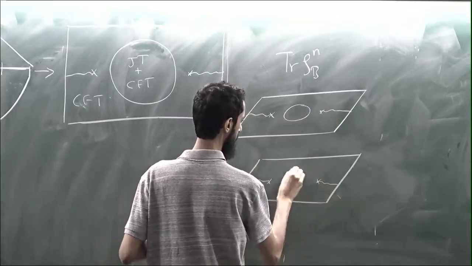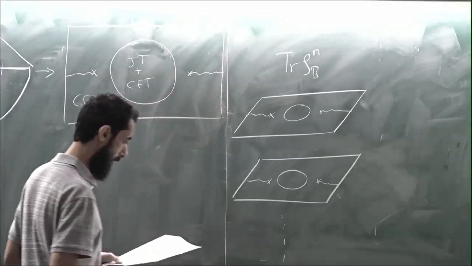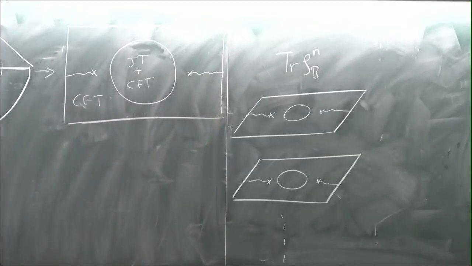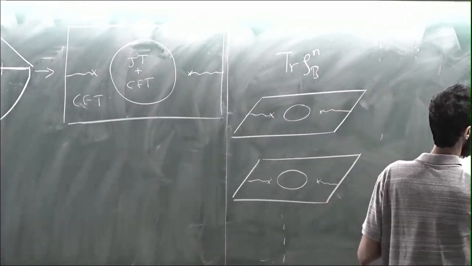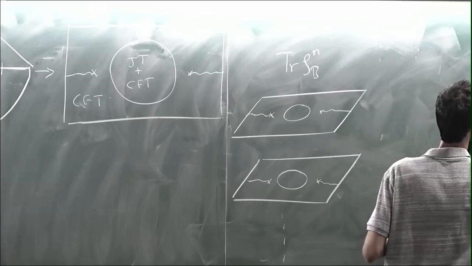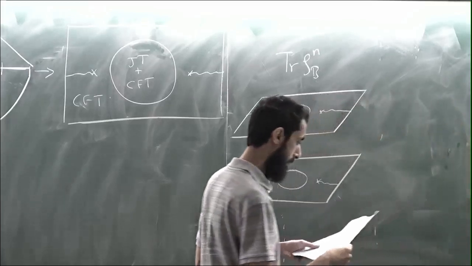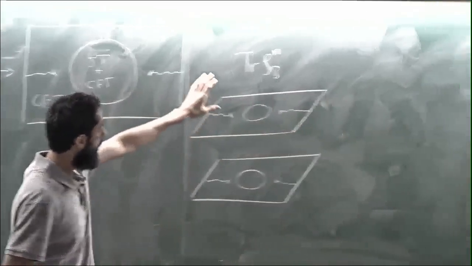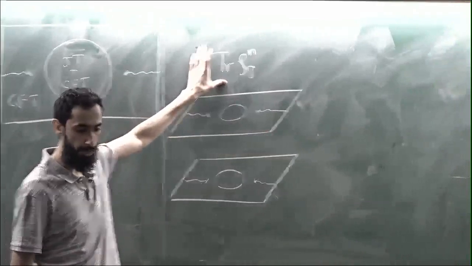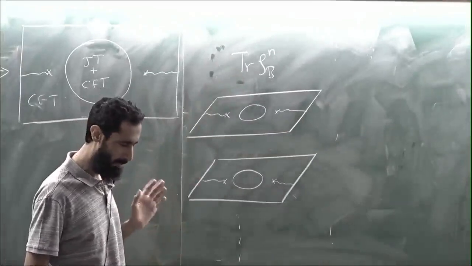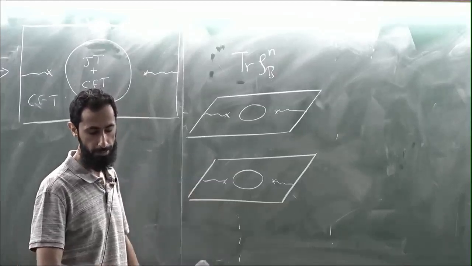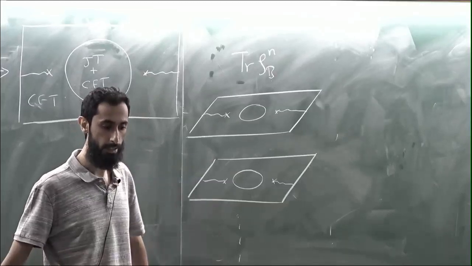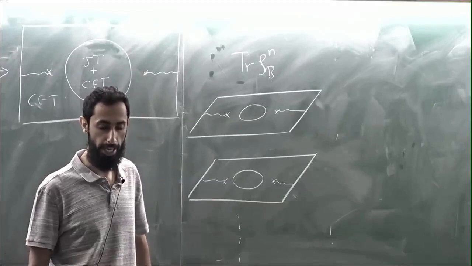And on each sheet, we have a JT theory patch. The way you compute entropy is you evaluate trace rho to the n for different n, and then you analytically continue in n.